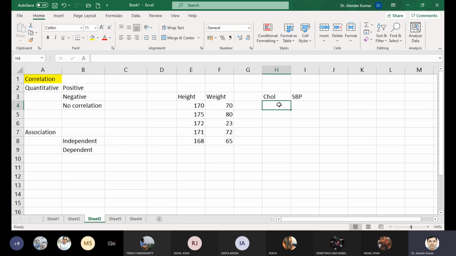For example, you enter shoe size and income, trying to find out whether there is any correlation. What does shoe size have to do with income?